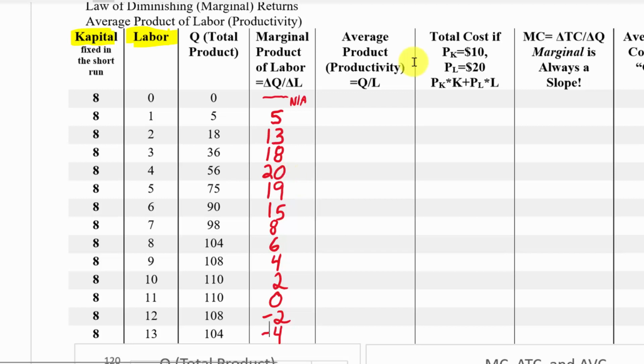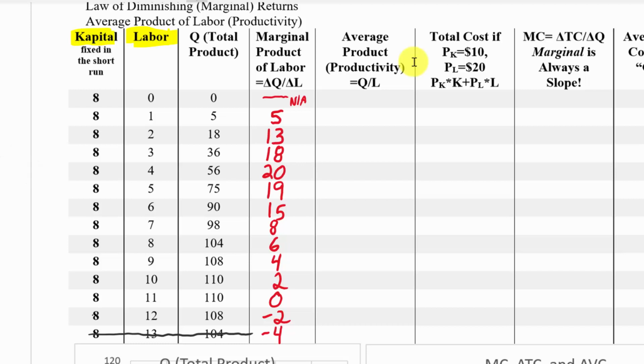But one thing we can say for sure, we don't know the exact number of people we should hire, but we do know some of these people that we would never hire, would always be a terrible, terrible idea. And we know for sure that we would never want to hire the 13th person, because when we hire them, well, they have to cost us something. And they're actually hurting our output. So that wouldn't make any sense.